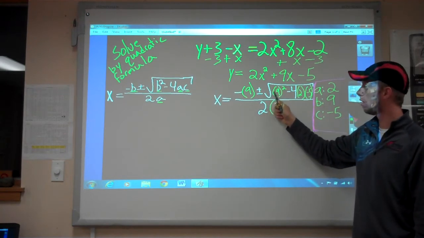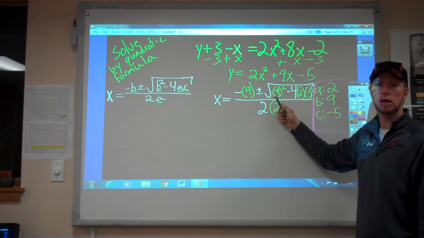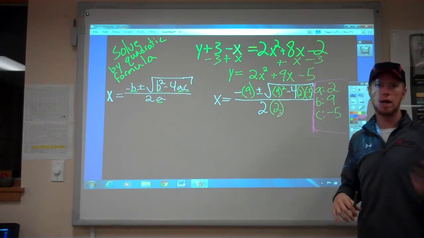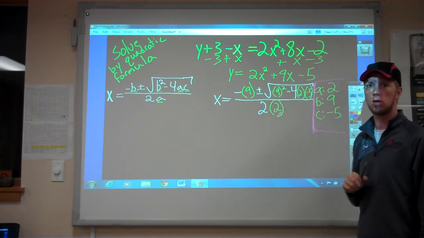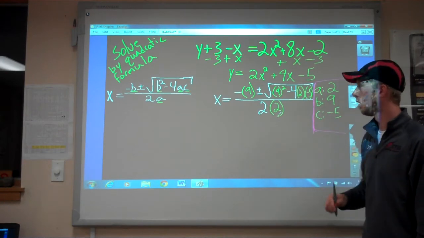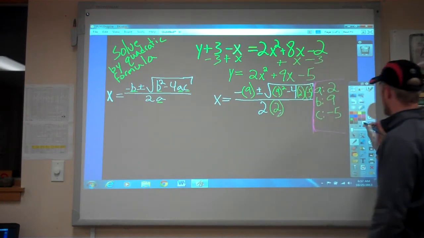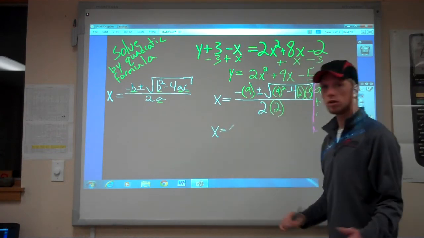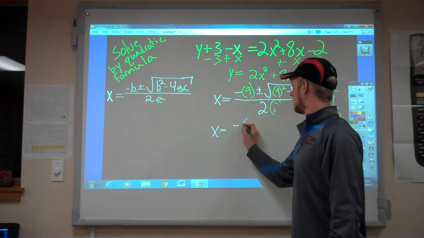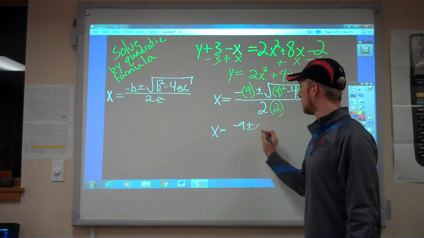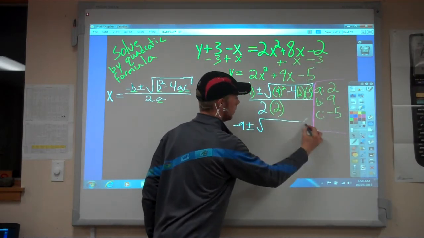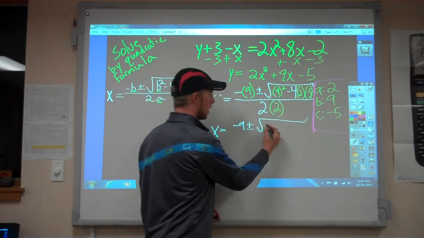The most common error is if B is a negative, people will do negative something squared and get a negative. This is especially helpful when you're trying to use your calculator. Alright, so my next step is to say x equals, and we're just going to start simplifying, negative 9 plus or minus the square root of 9 squared is 81.